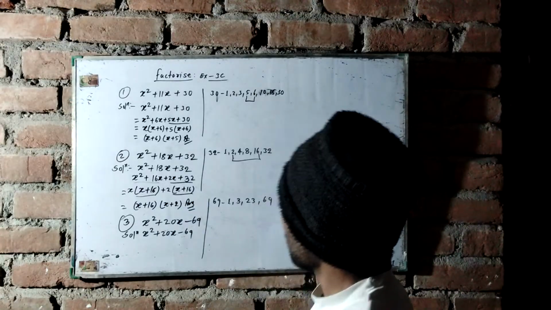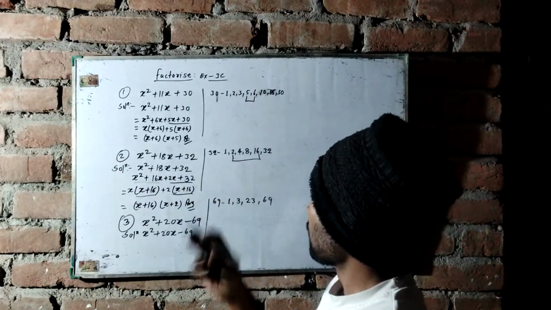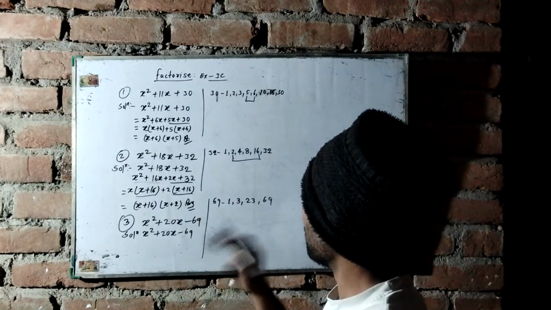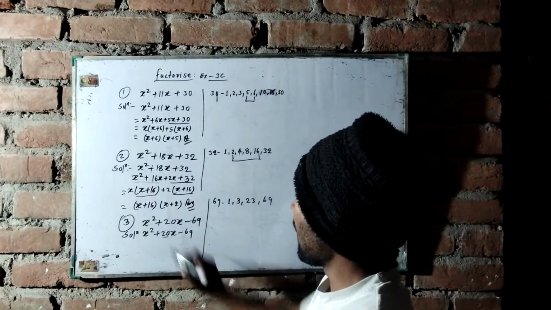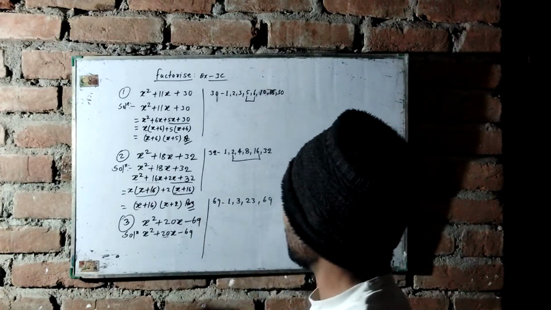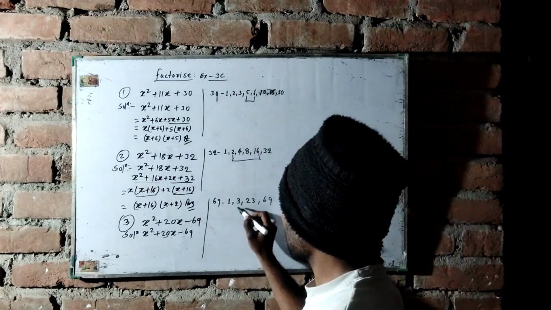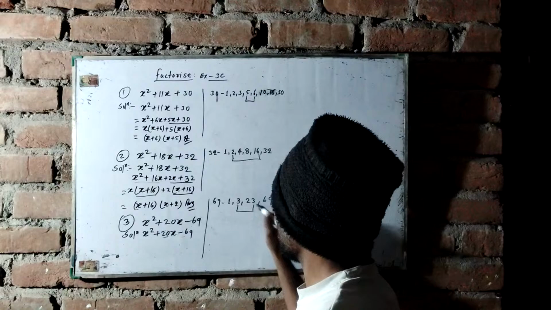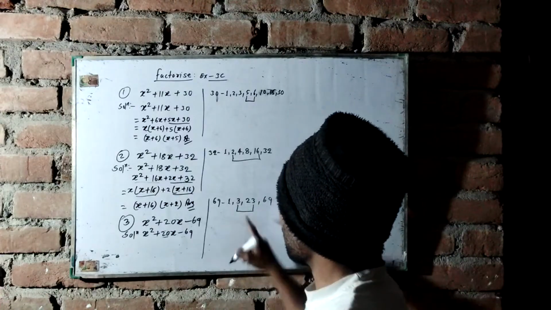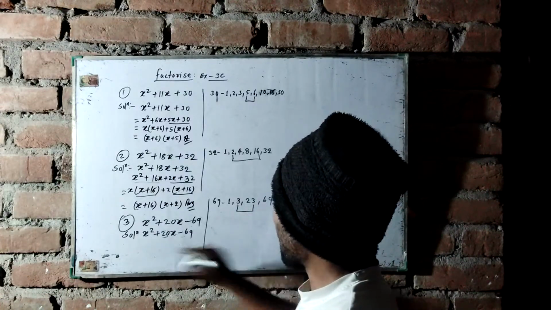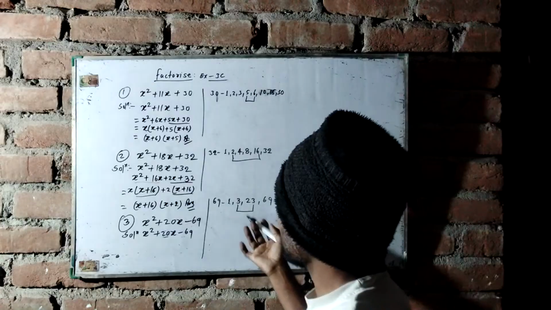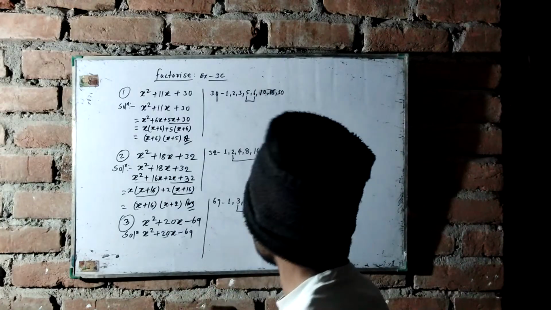Now, we choose two numbers whose difference will be 20 and their product will be 69. So, we can see two numbers here, 3 and 23, whose difference will be 20 and product will be 69.